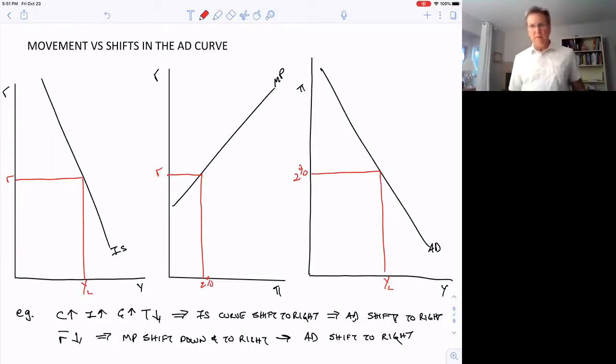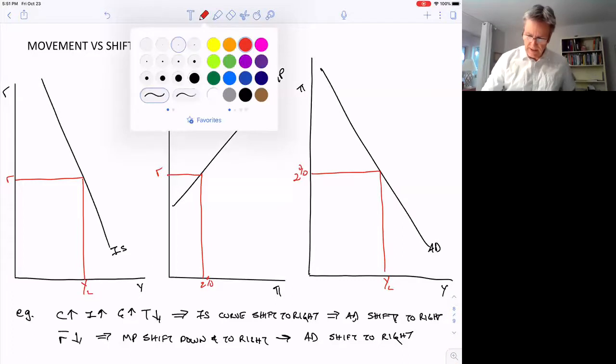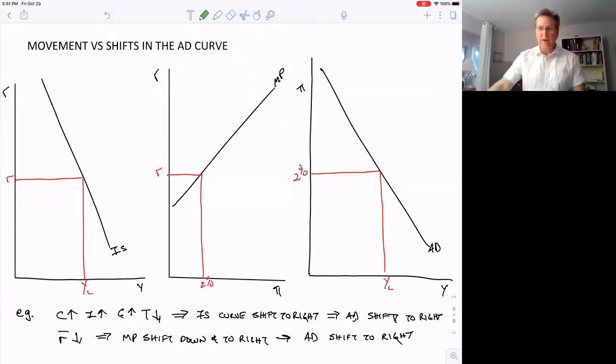It's a short run equilibrium because we know in the long run equilibrium, we're going to be at potential. Now, what if the Fed was to do something about this? Say, well, people are unemployed. Our dual mandate says we've got to stimulate the economy and lower interest rates.